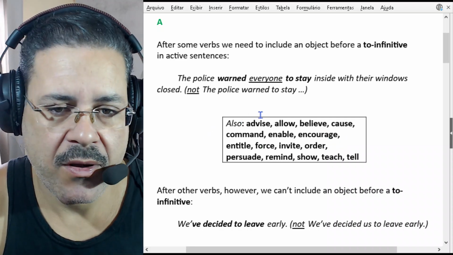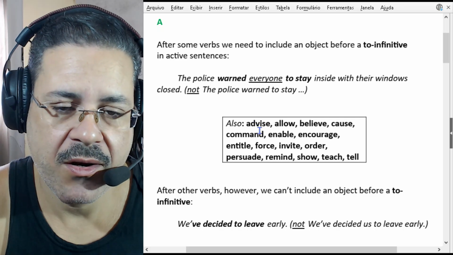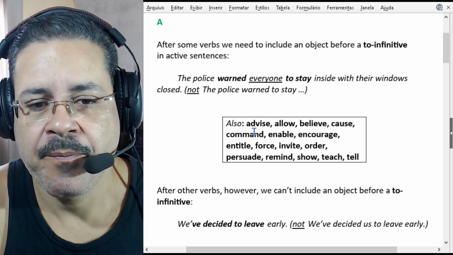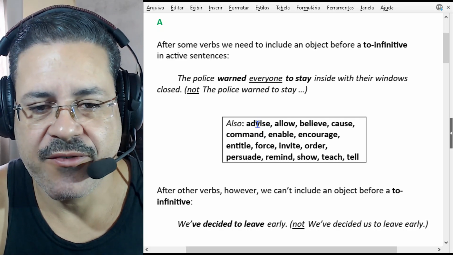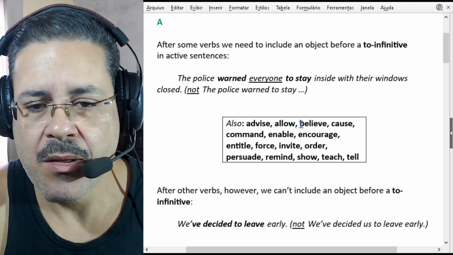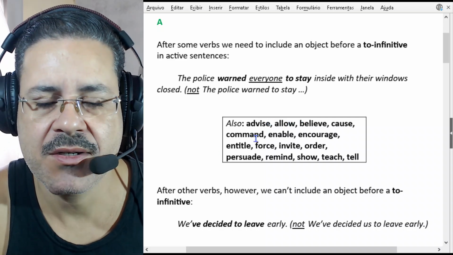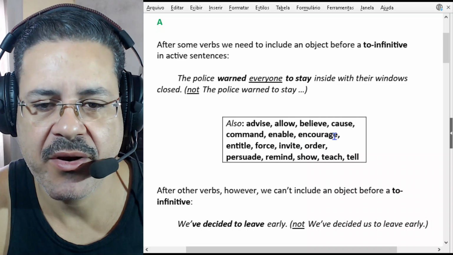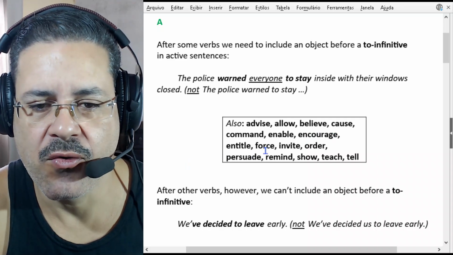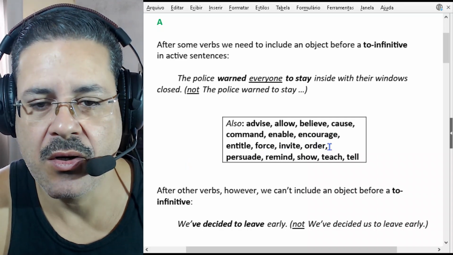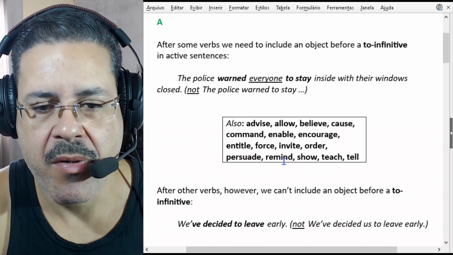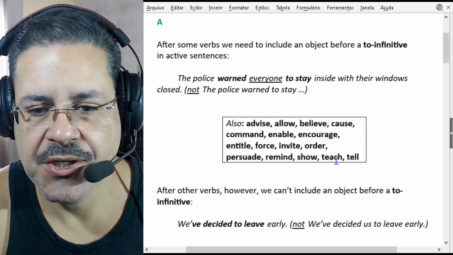But okay, we pronounce those verbs like that: to advise, allow, believe, cause, command, enable, encourage, entitle, force, invite, order, persuade, remind, show, teach, tell.